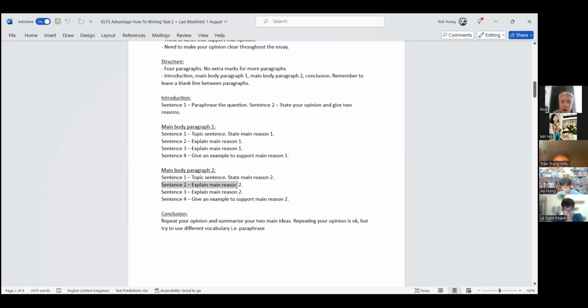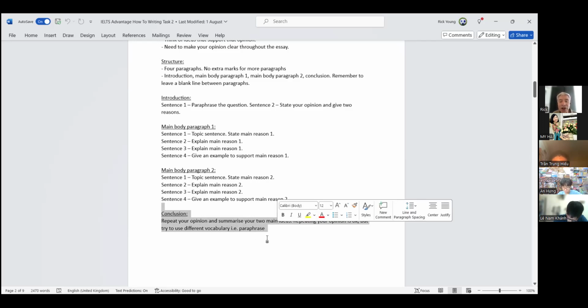Then you give 2 sentences explaining what you mean. And then sentence 4, just like main body paragraph 1, an example. For example, for instance. Conclusion, all you do in a conclusion, okay, is you just repeat your opinion and you summarize your 2 main ideas.